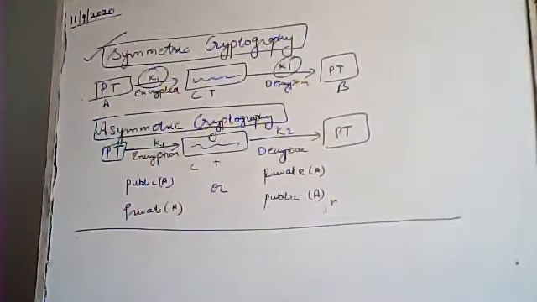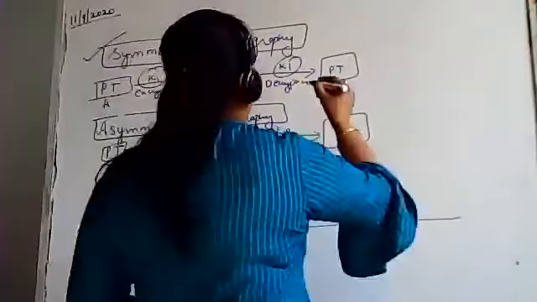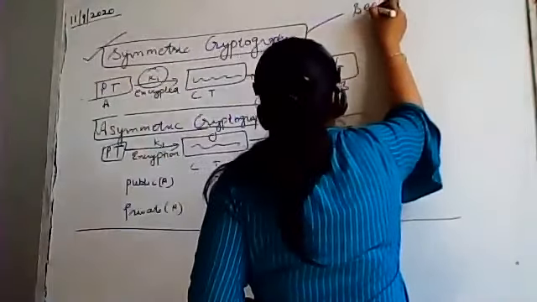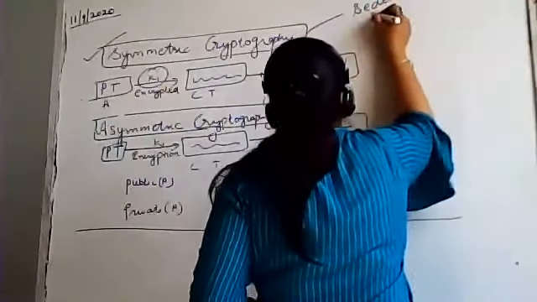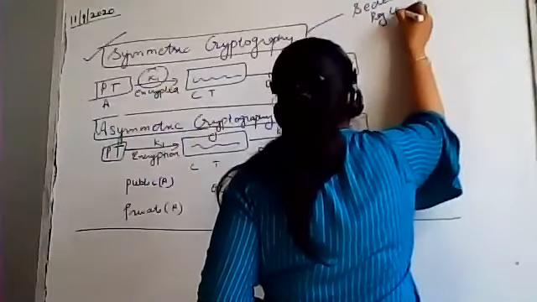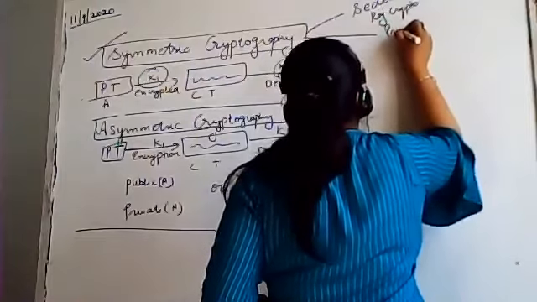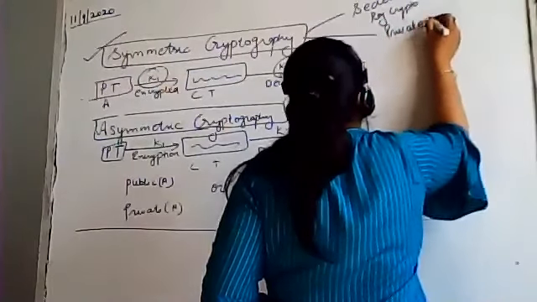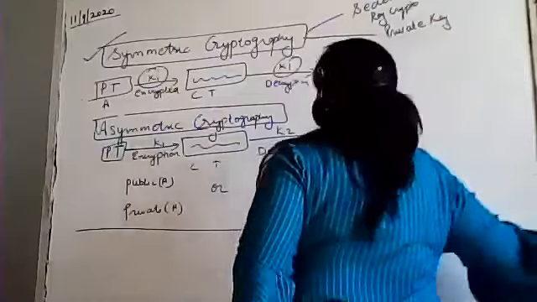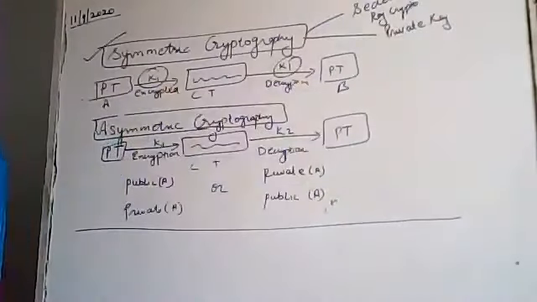Symmetric cryptography is also known as secret key cryptography. Just remember this name: it is known as secret key cryptography, and it is also known as private key cryptography. Clear? Many times in exams they use the words secret key or private key, and students get confused.